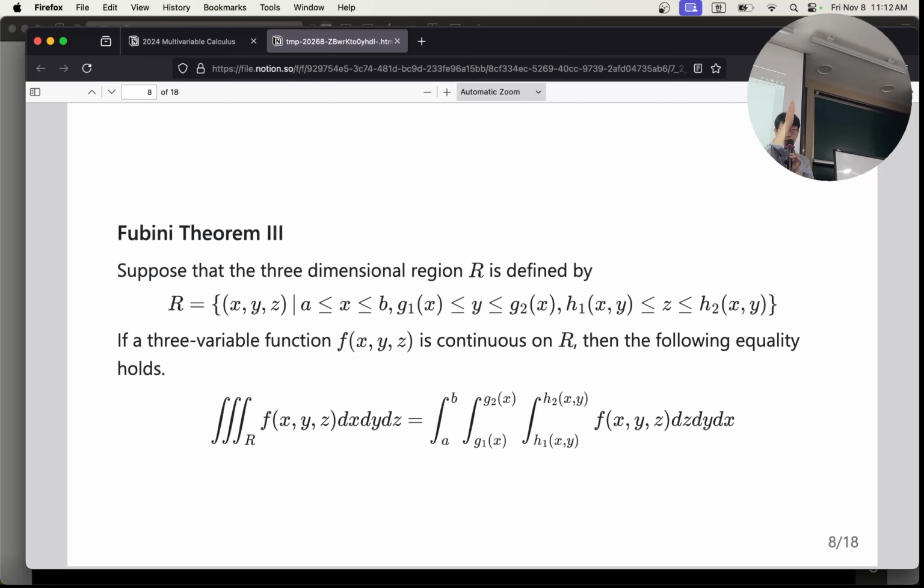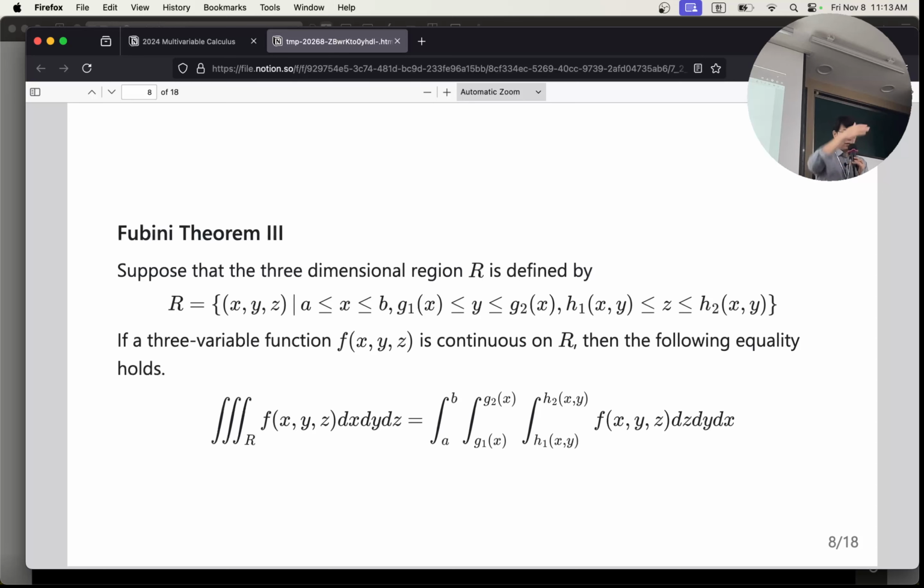Depending on where I cut the volume, I have a certain range of y that contains the points inside the volume. And when I fix that y, that means I cut that section again to get a line, the z-axis range of that value only goes from h1(x,y) to h2(x,y).